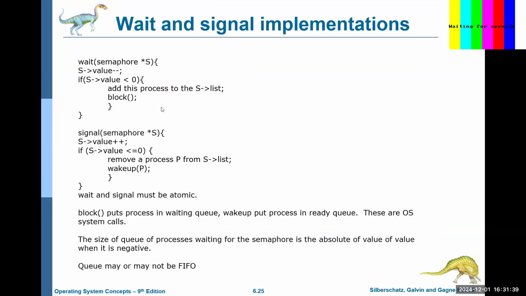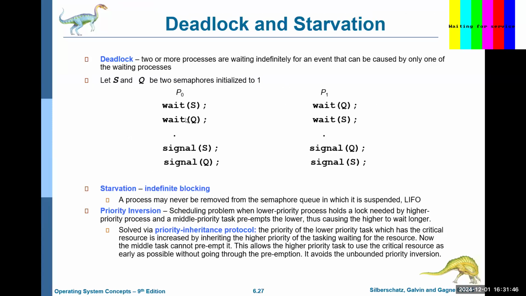I'm going to be stuck here waiting for this guy, and he's going to be stuck waiting for me, and we'll never release. Of course, the solution would be to have P1 also first get S and then get Q. But that means the acquisition of the semaphores has to follow a certain order. We can't just have any old order.